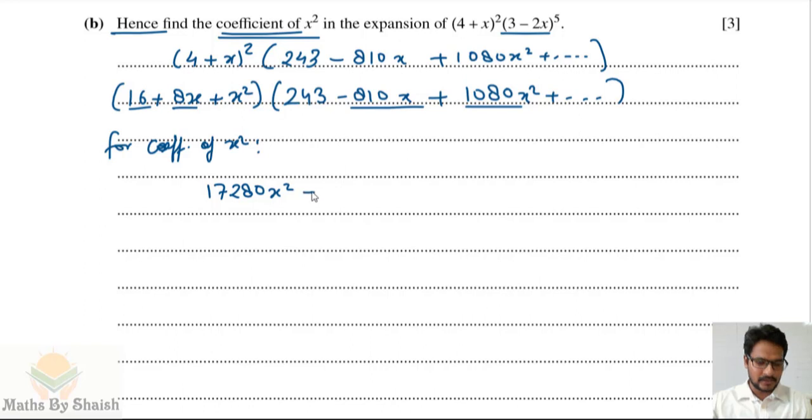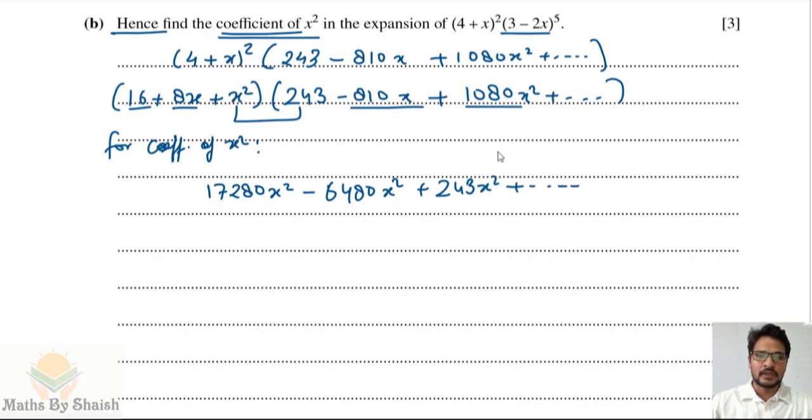So it is going to be minus 810 into 8, that is 6480, and this becomes 6480x square. And the last, when we multiply x square by this, then also we can get x square. So it becomes 243x square, and other terms will not be included in the x square, so we can calculate them. They are like terms.